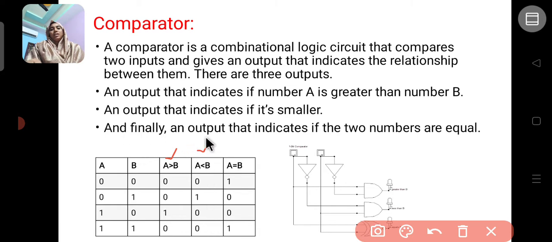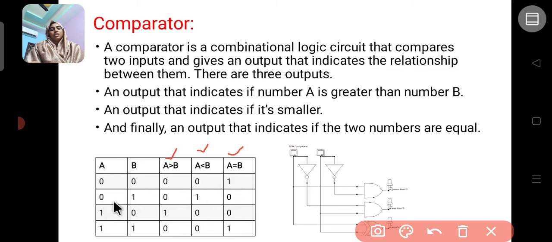And finally an output that indicates the two numbers are equal. So if A is equivalent to B, then we will get the third condition. We will get A equal to B in two conditions. First one is if A is 0, B is 0. When both the inputs are 0, 0, then this condition is satisfied. So here we have to place 1.